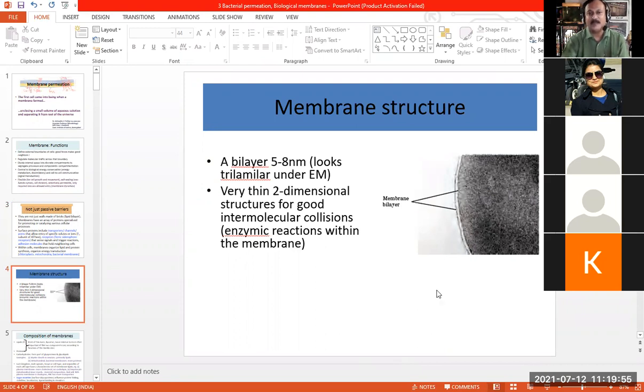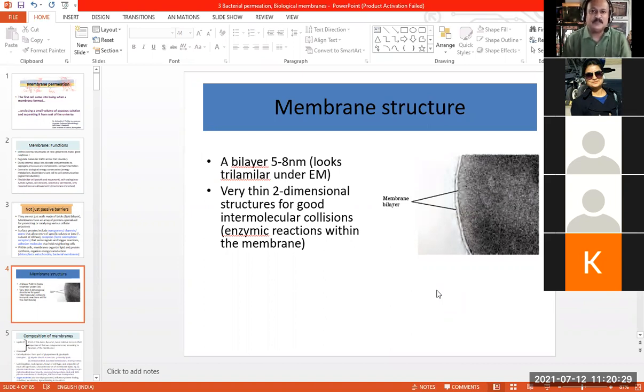It is a bilayer, that is, there are two layers of lipids positioned in such a way that the head groups are facing outside and the tail groups are facing inside. The tail groups are hydrophobic, so they will always go to the innermost region, and the head groups, which are hydrophilic, will tend to come out and associate with the water molecules.